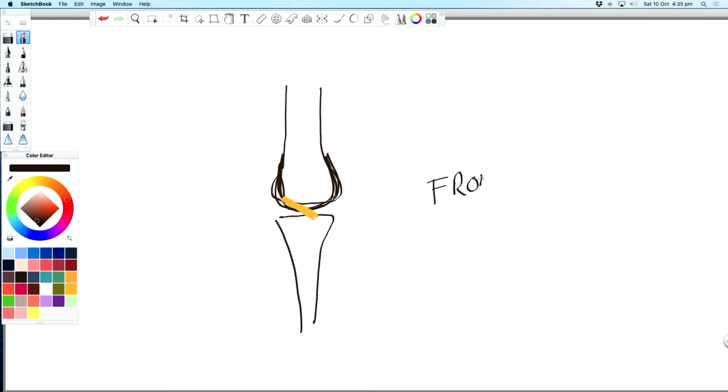One of its primary roles is to prevent the tibia sliding forwards on the femur, or shearing forwards. Let's call that anterior shear of the tibia. The ACL prevents that.